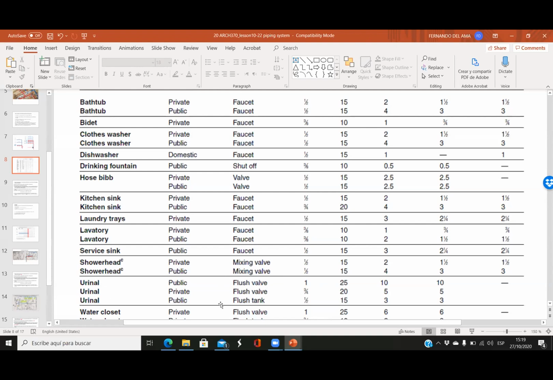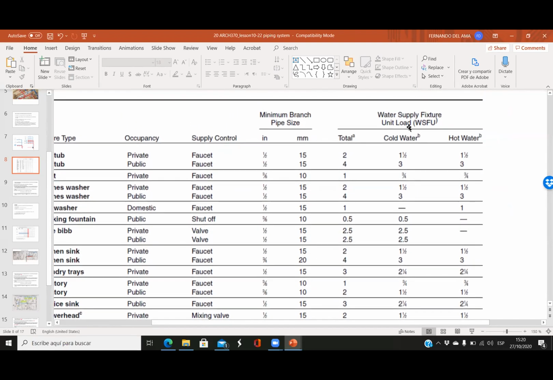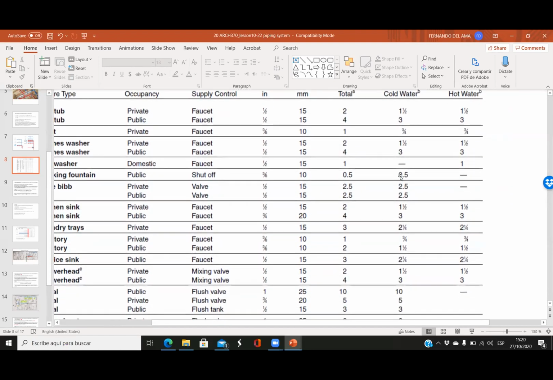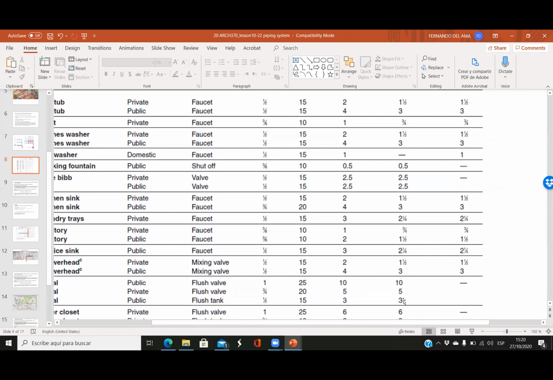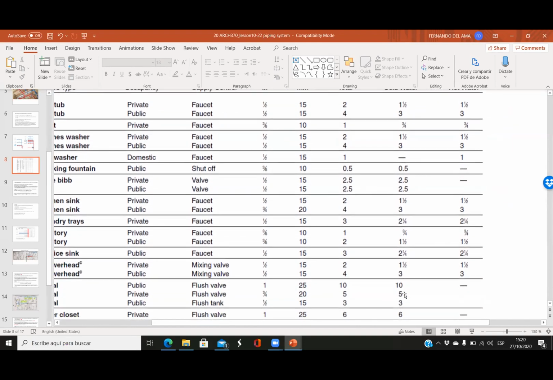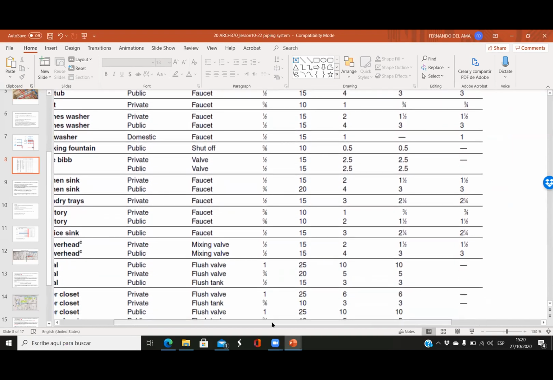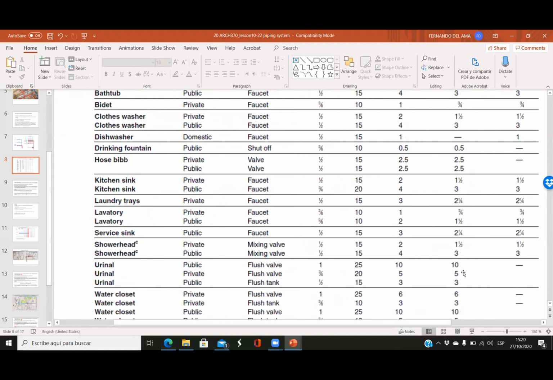I have decided on that one. Okay. And then the water supply fixture units is this column. So for urinal, it's 3, I think. Yeah, so it's 3.